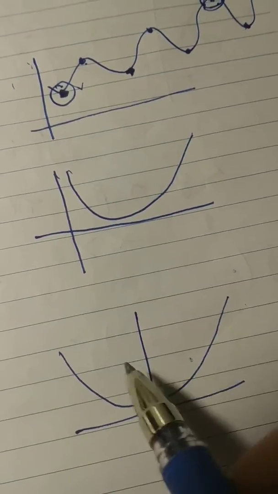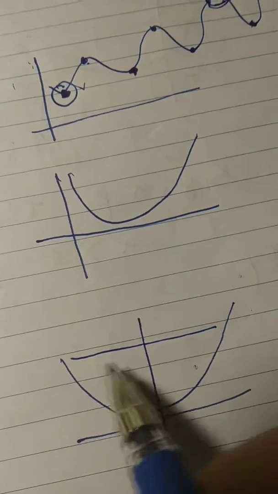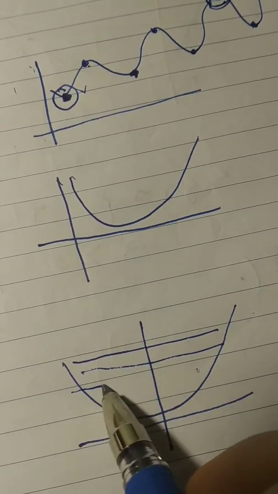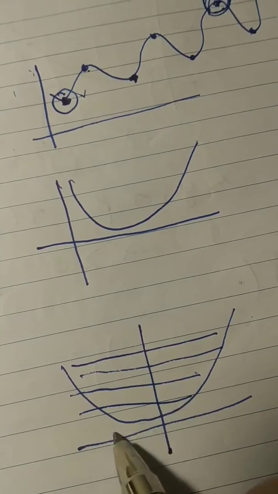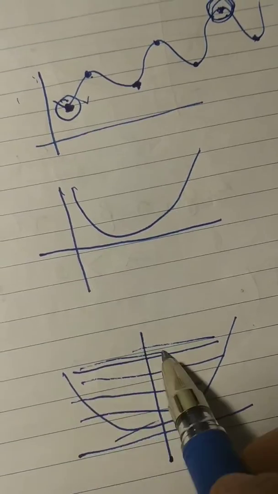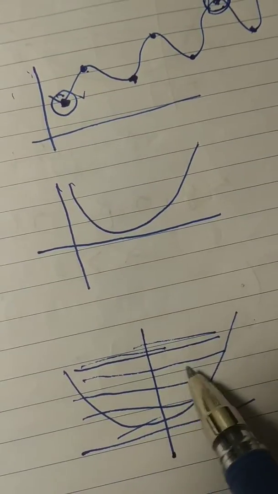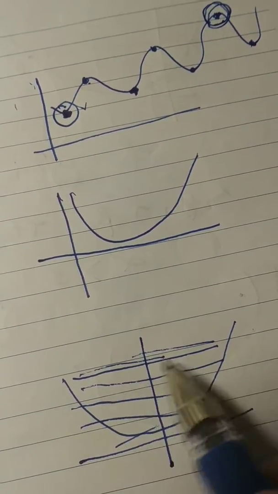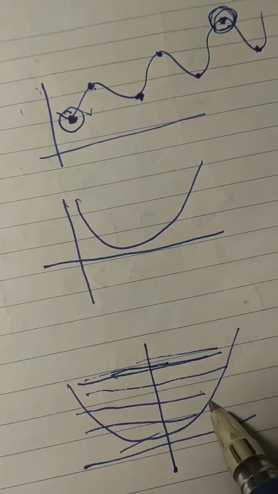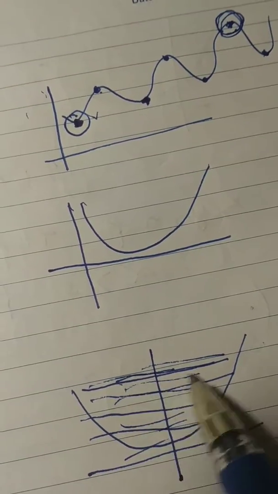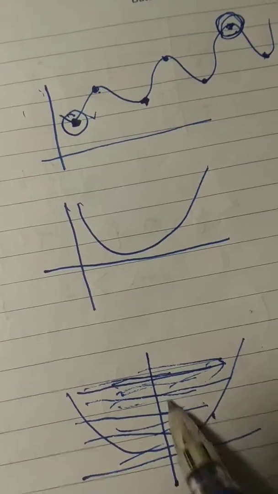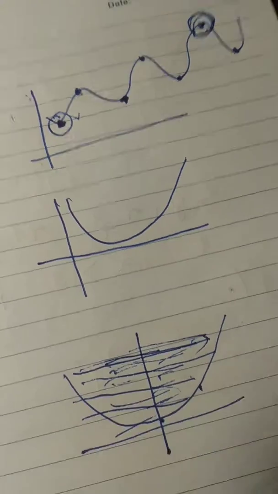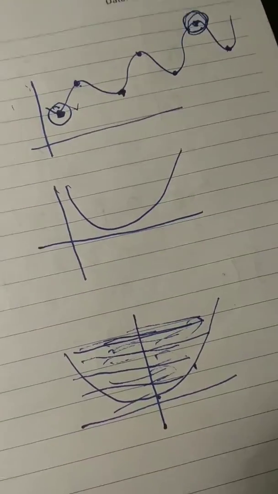All the points above this graph are called the epigraph. All the points above the function form a set, and this set is called the epigraph of the function. I think you will understand what the epigraph is.